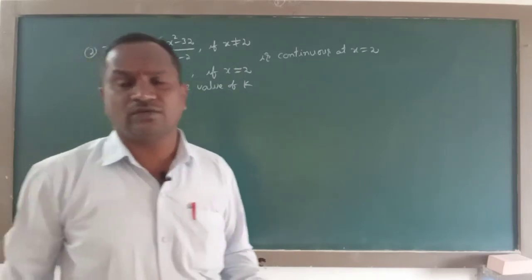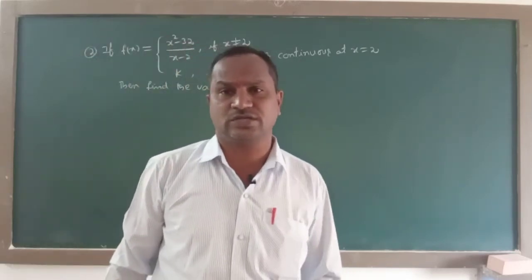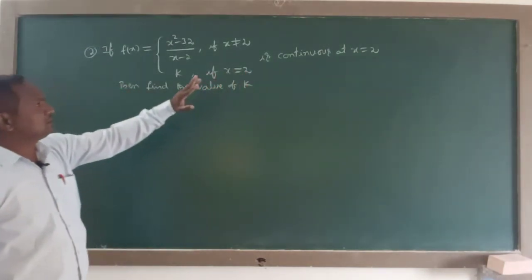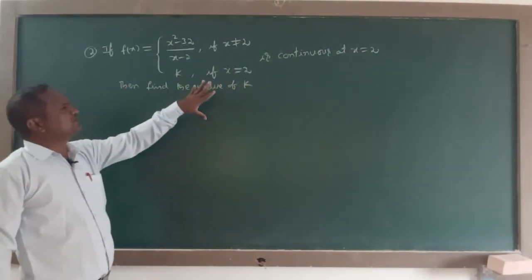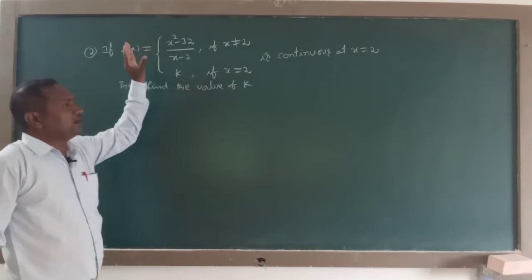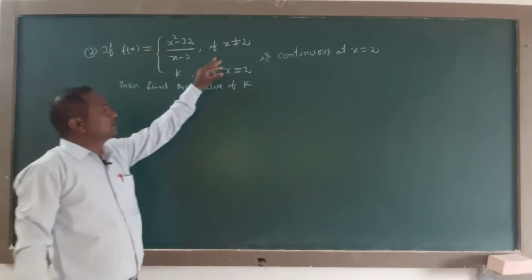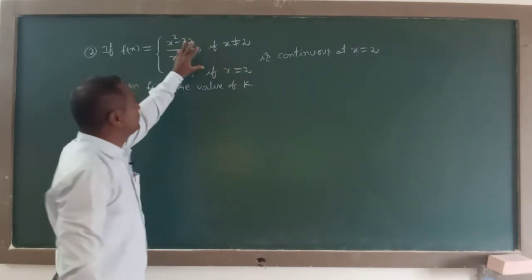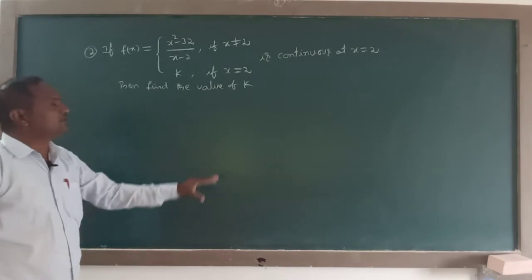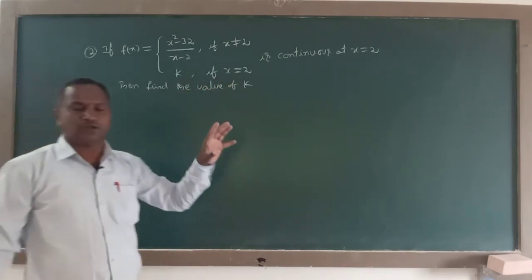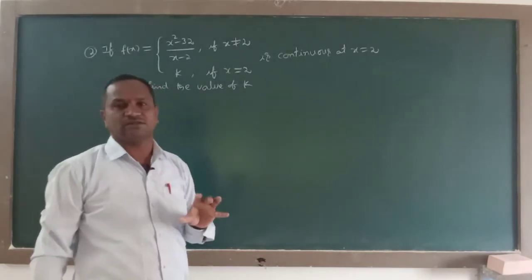First, let us give the solution for this question. Already they mentioned it is a continuous function. A continuous function means we must take function value equal to limit value. Already I told, for the limit we must consider the not equal symbol, and for the equal symbol we must consider the function value.